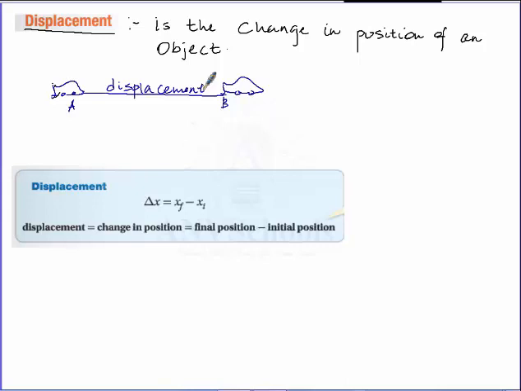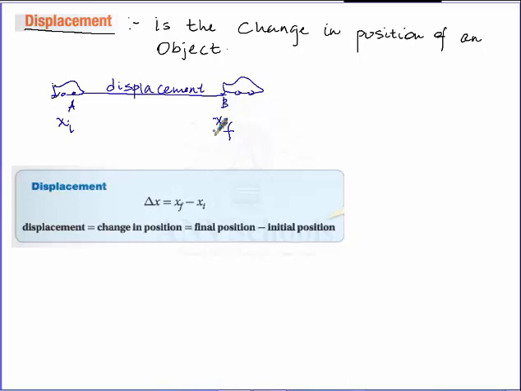This point is called the initial point where the object starts movement, and this is called the final point where the object stops moving. So xi is the initial position and xf is the final position. The car is changing its position from A, that's xi, to a final position B, that's xf.